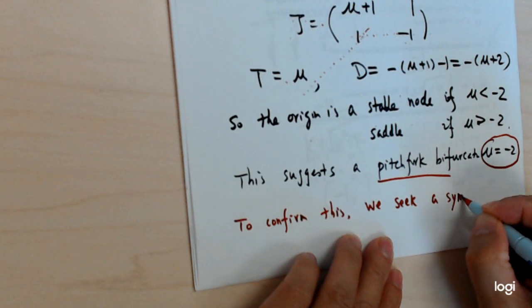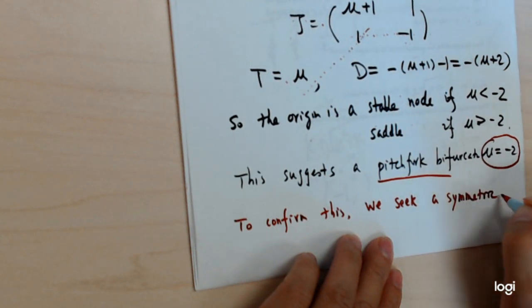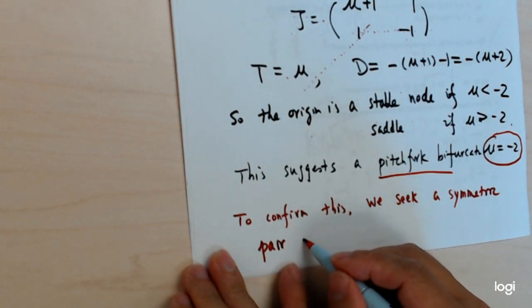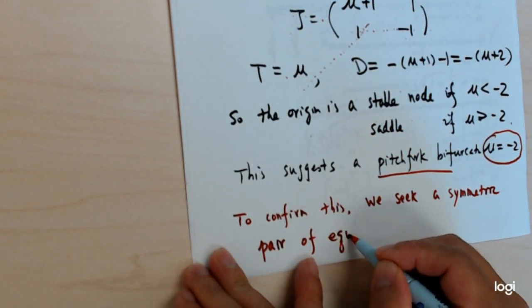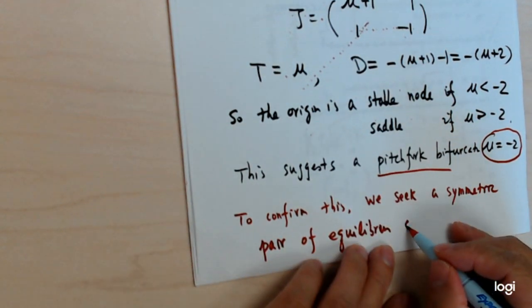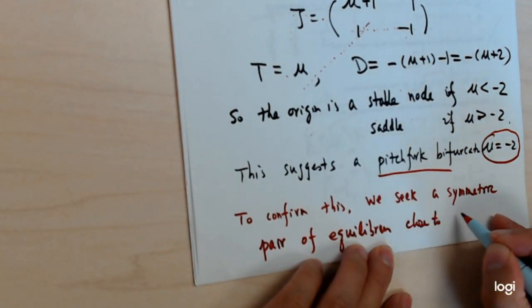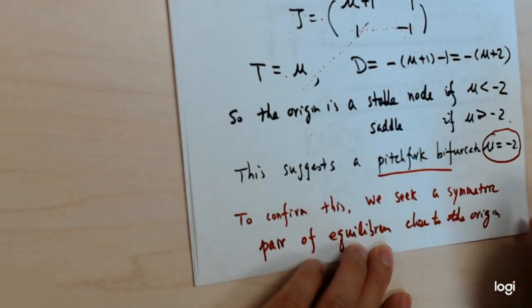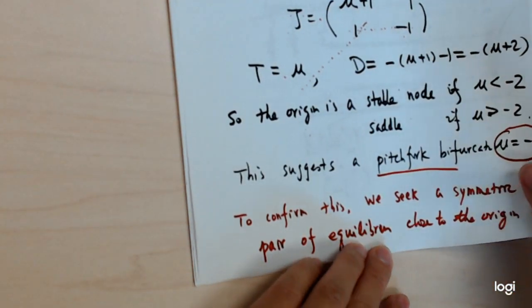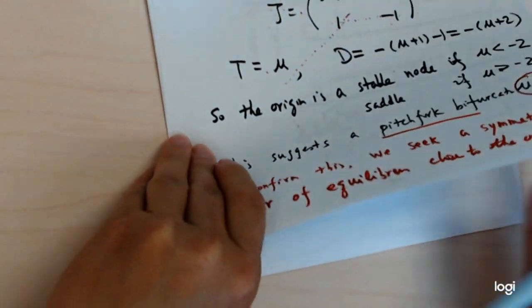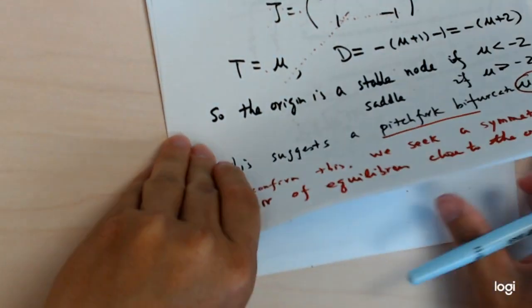So to confirm this, we seek a symmetric pair of equilibria close to the origin. The reason is because I can't really solve this by hand since you got a sine x in there.